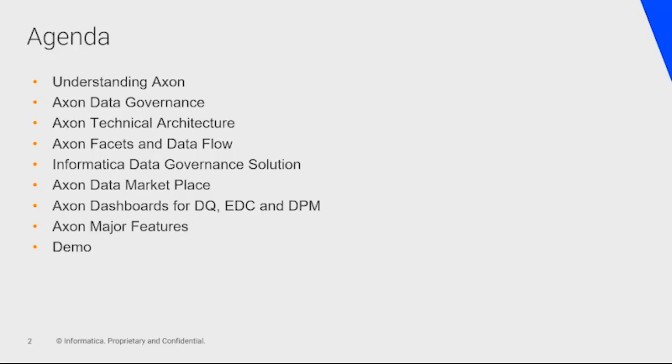Further to this, we are going to cover Axon technical and functional features, what the Informatica solution for data governance is, and what the building blocks for the solution are. We also cover Axon features, and we are going to end the discussion with a demo.